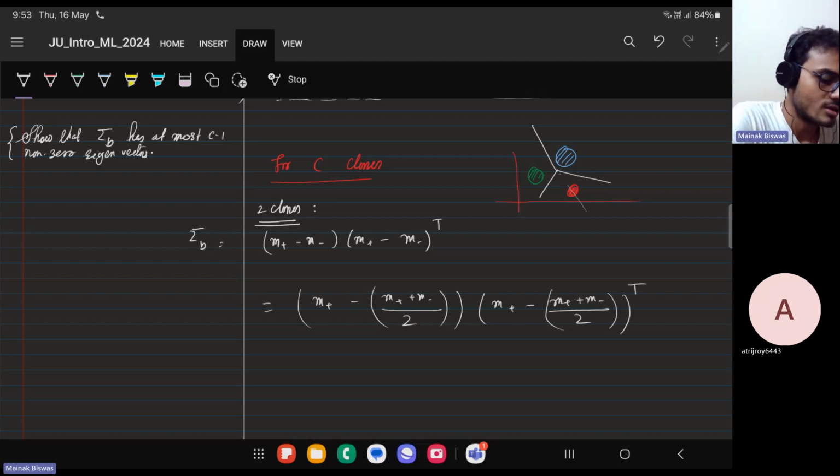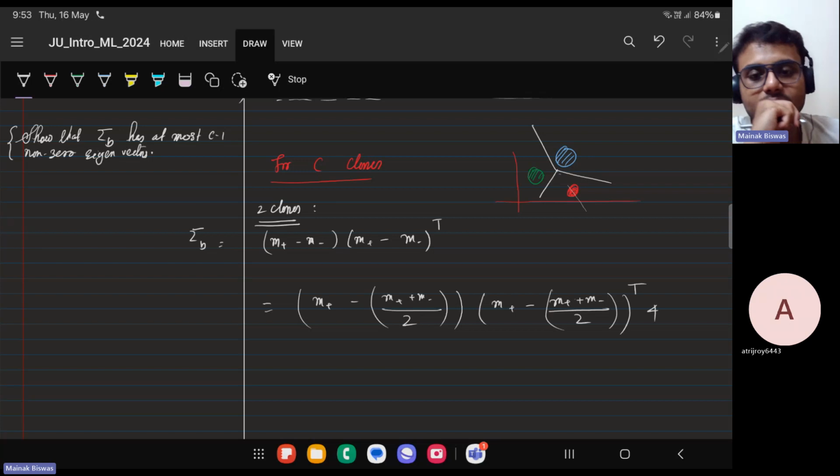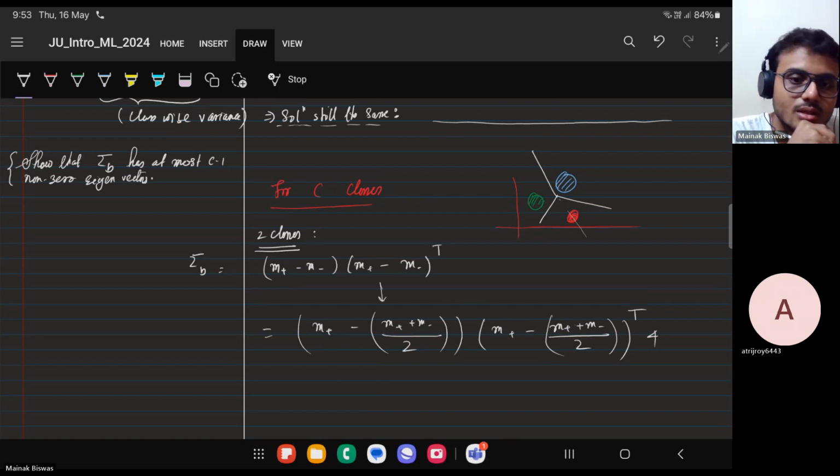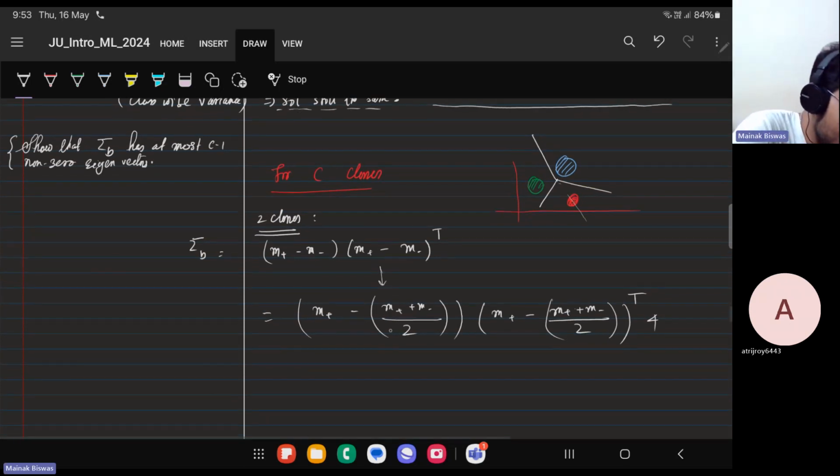Here it is into 4, but in other cases it can be different. Is it clear? This is the same as m plus and m minus. Now this is, do you agree, the average of the data, m?